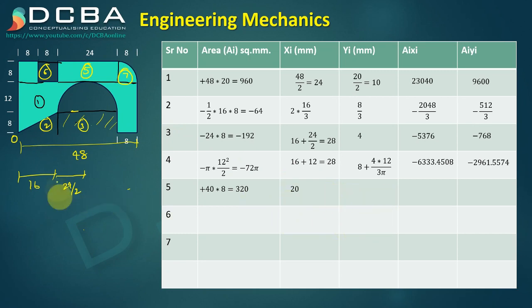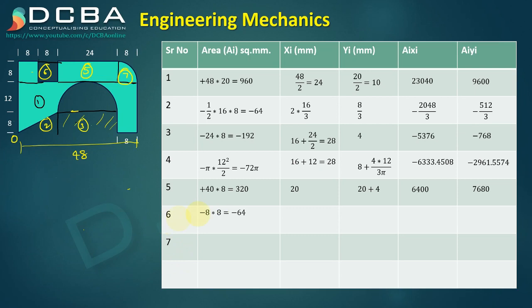Yi will be 20 plus 8 by 2, because it will lie at h by 2, which is 8 by 2, so 20 plus 4 is your Yi. So you get AiXi and AiYi.